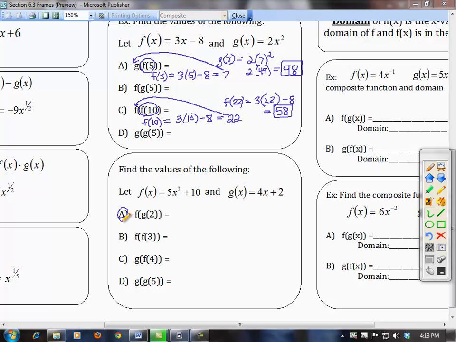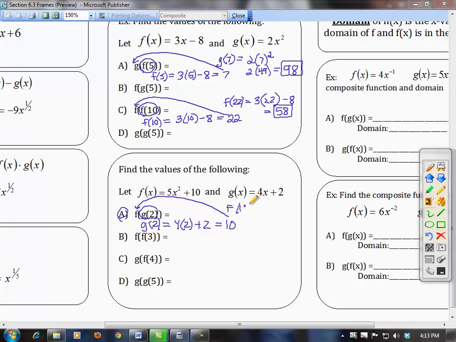let's look at A. Okay, they are asking you to start with g of 2. So I'm going to take g of 2, and I'm going to find that first. So 4 times 2, I go to my g function, plus 2. 4 times 2 is 8. 8 plus 2 is 10. And I'm going to take that 10 now, and I'm going to plug it into the f.